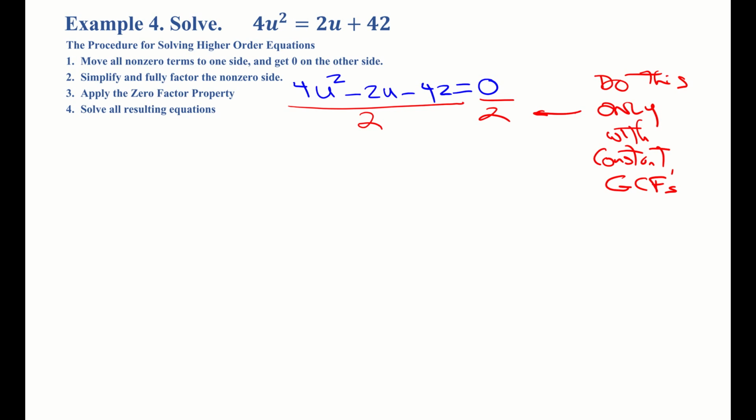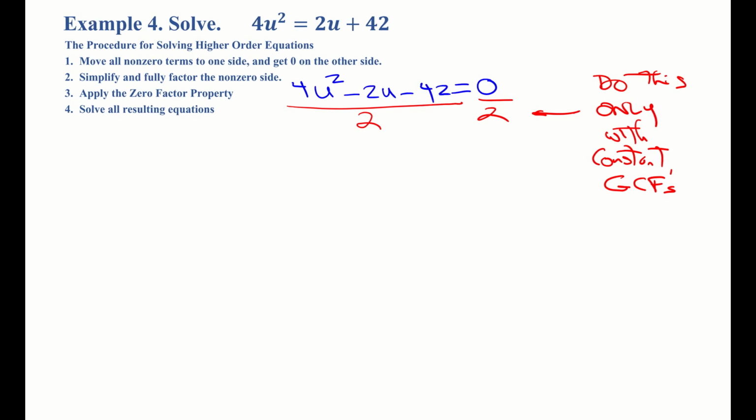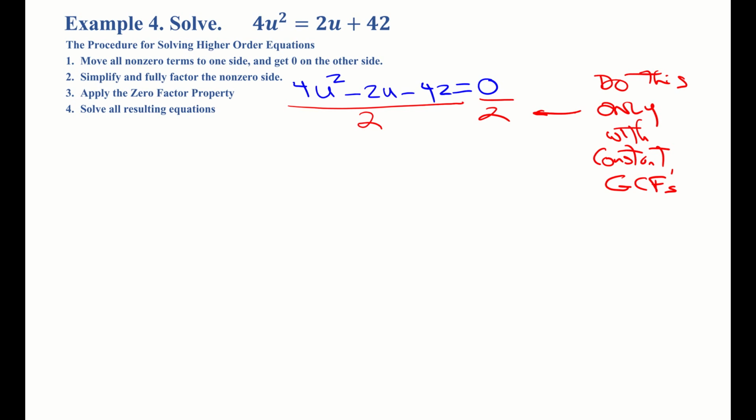So remember, that's going to split these up. So basically each of those numbers is going to get divided by 2, right? So sometimes the way I show this for better cross-canceling capabilities, I just go ahead and throw a 2 under each term because I know that split is going to happen anyway, right?